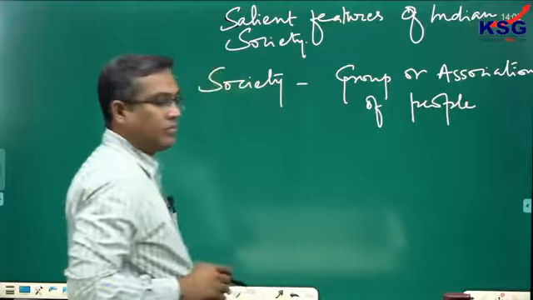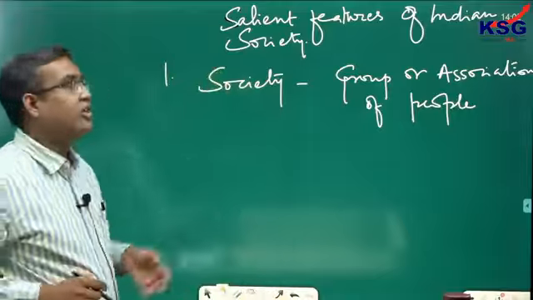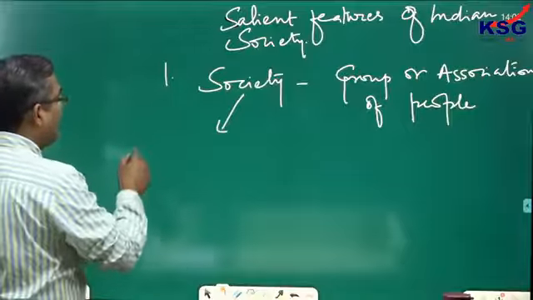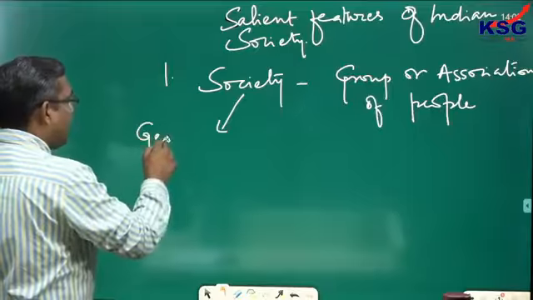What are the characteristics of society? Number one, it is confined to one geographical area.